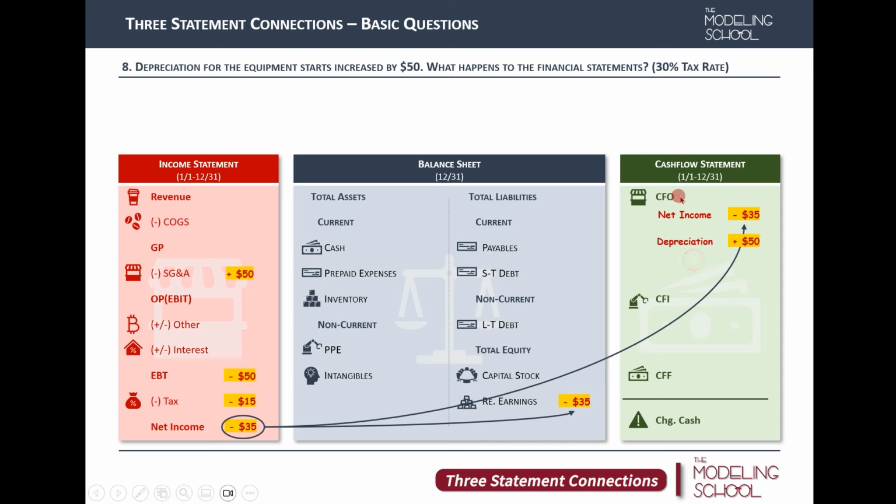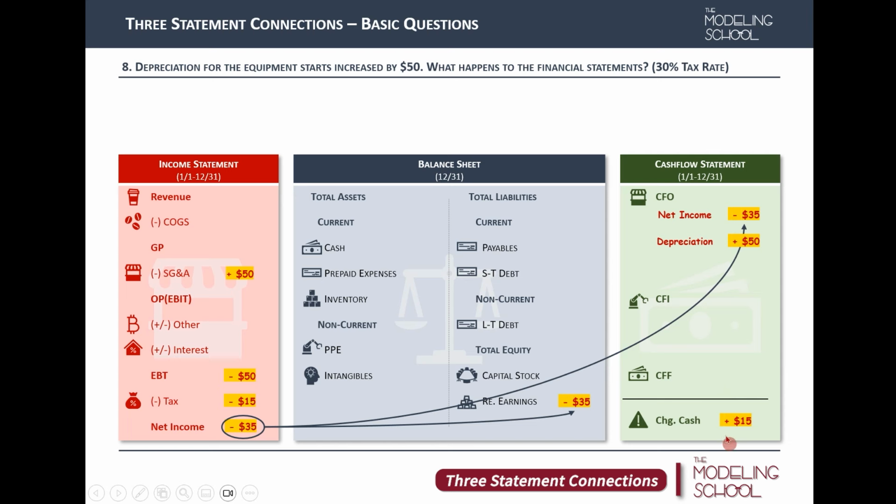So usually under cash flow from operations, we see depreciation and amortization under the indirect method. Because depreciation is a non-cash cost, we add it back to the cash flow statement. And as a result, we get a net change in cash worth plus $15. And what does this $15 match?